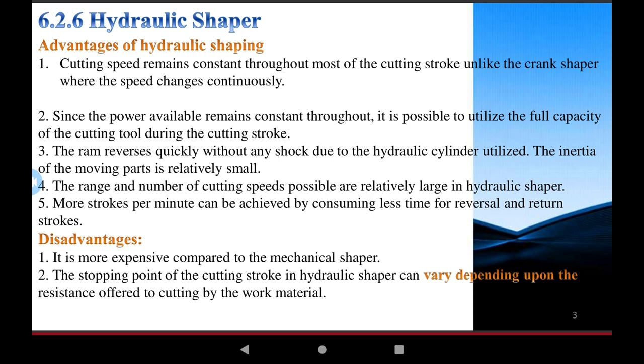Okay, the range and number of cutting speeds possible are relatively large in hydraulic shapers. The cutting speed depends on the stroke, and the power required must be available for the cutting stroke.